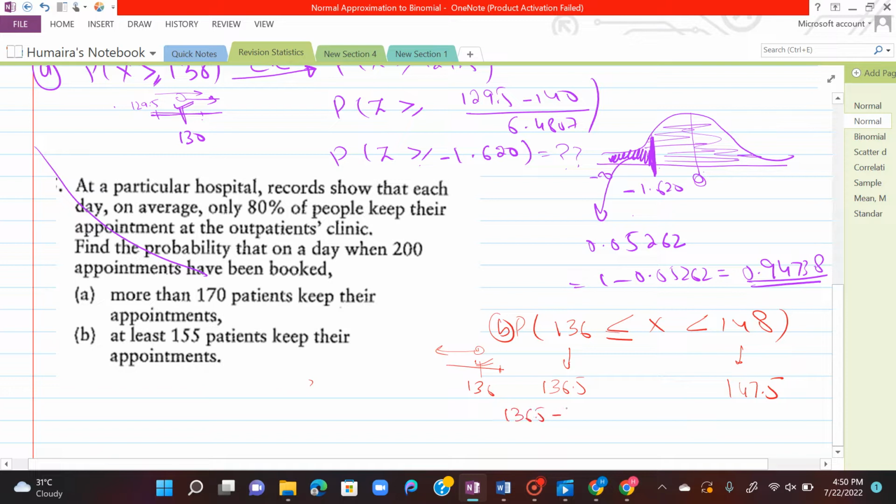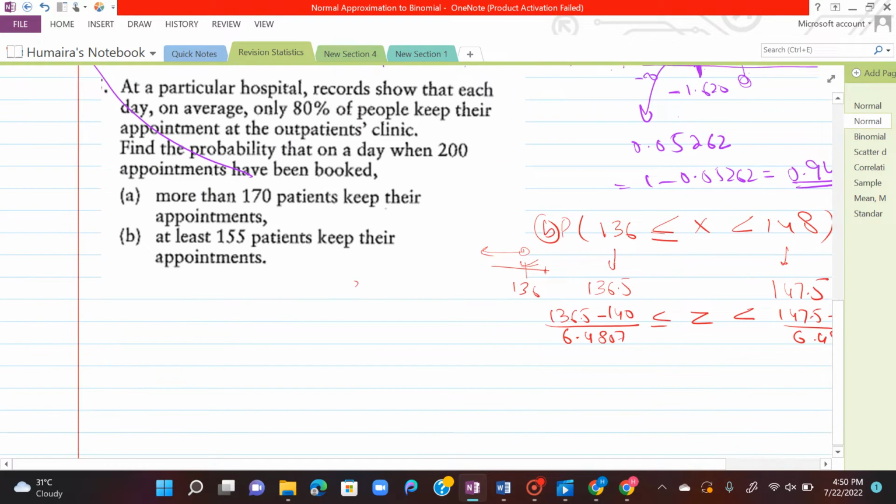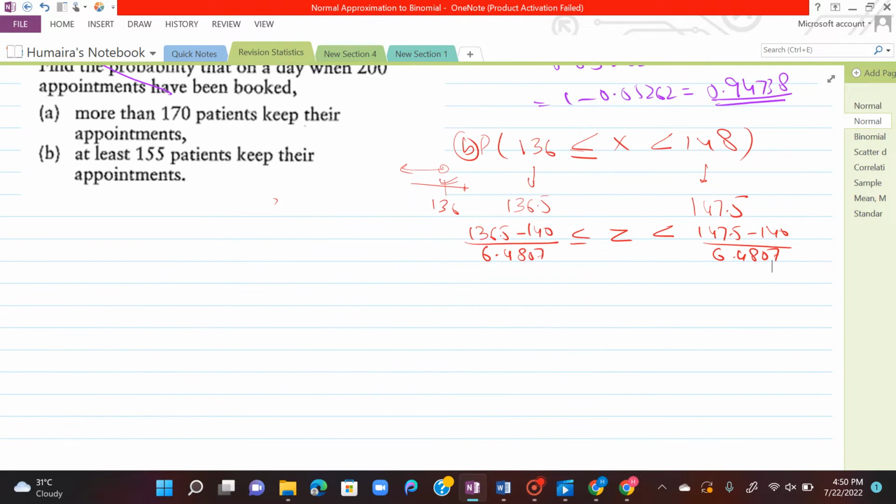136.5 minus mu, which was 140, upon the standard deviation, which was 6.4807, less than or equal to z less than 147.5 minus 140 upon 6.4807, and then I need to find its probability.